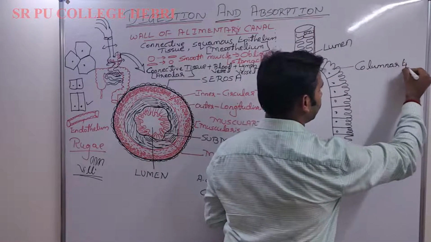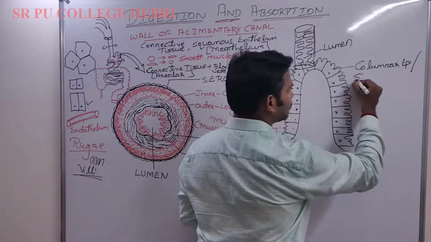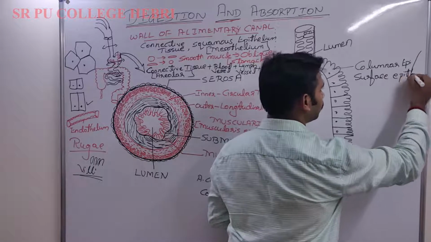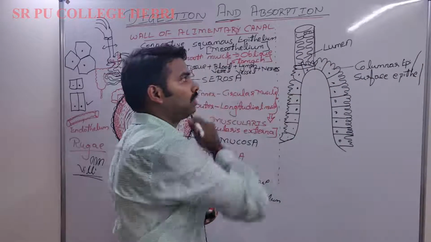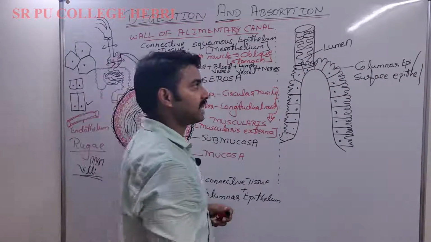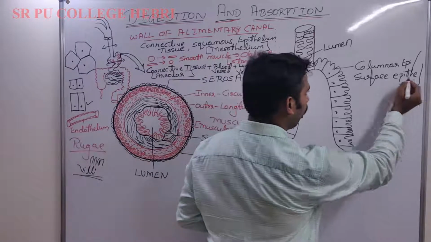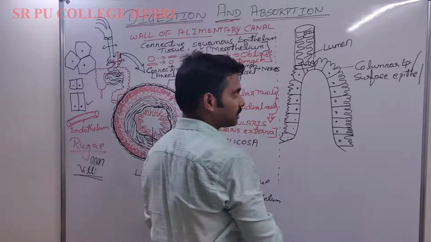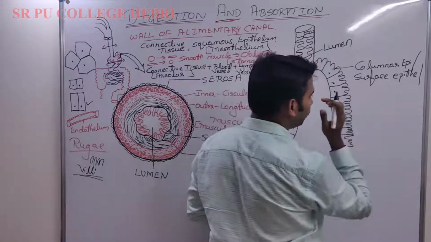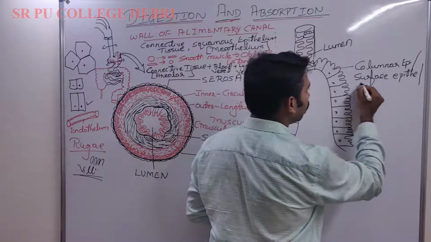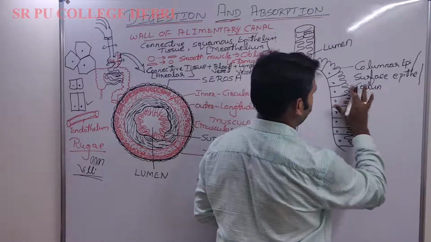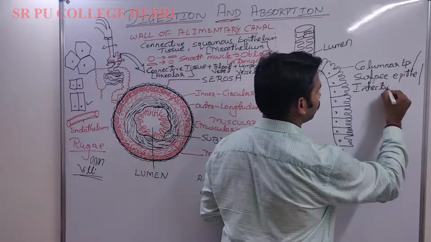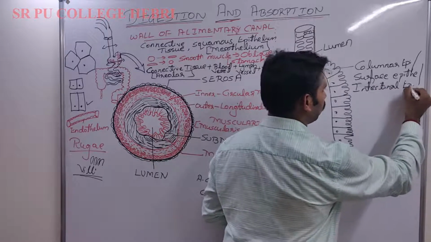Columnar epithelium is also called surface epithelium because it is present on the outer surface, lining the surface of the alimentary canal. As the villi are present only in your small intestine, these columnar epithelium are also called intestinal epithelium. They are also called what?